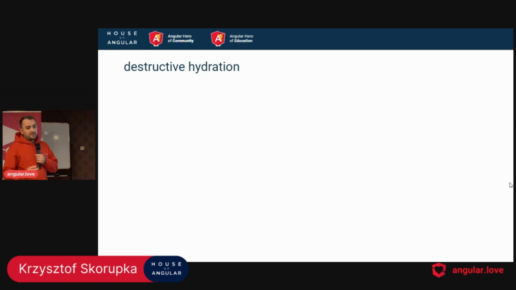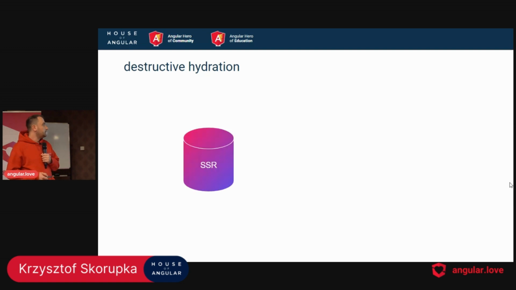So first, if we would like to really talk about hydration at all, we need to have our application server rendered. So you can see we have a piece of code running on the server. It's typically a Node.js based Express server, with an engine based on Angular that is capable of rendering our page there. And then imagine a request hits our server. So our app gets rendered entirely on the server.